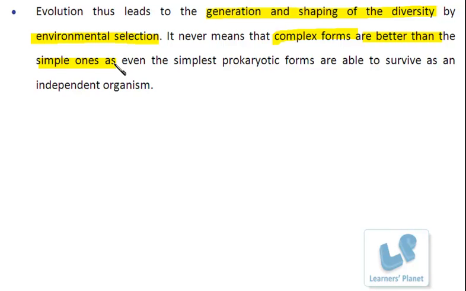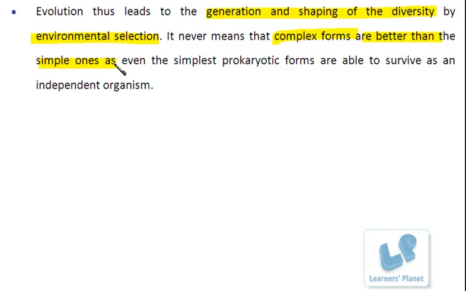For instance, you can understand the fact that even in today's era, in the present conditions, the simple unicellular organisms are also existing. They are also living in our surrounding. If these new complex forms were better than those simpler ones, then those simpler ones should not survive.